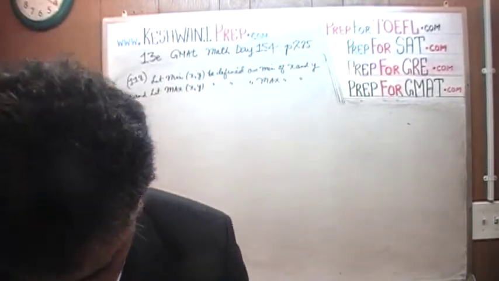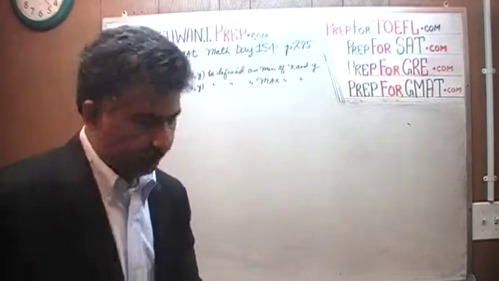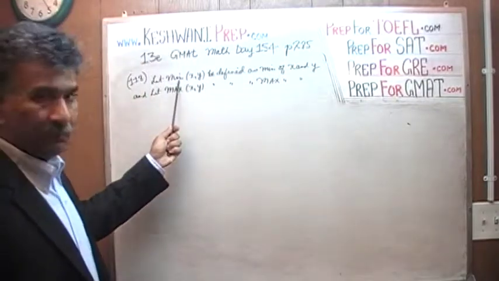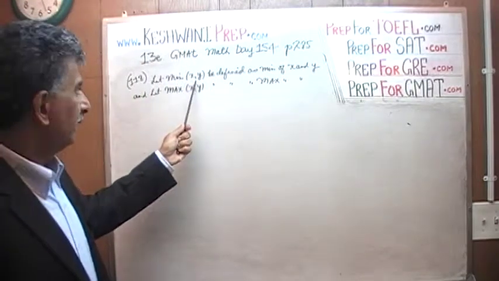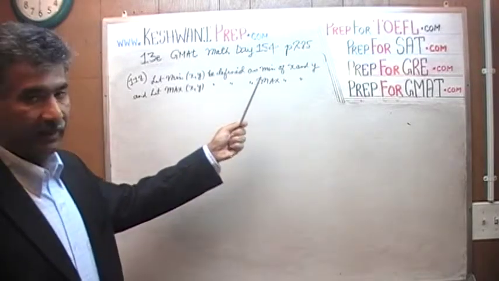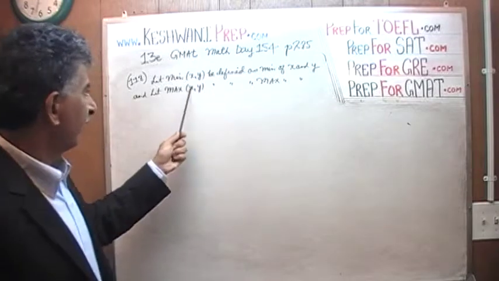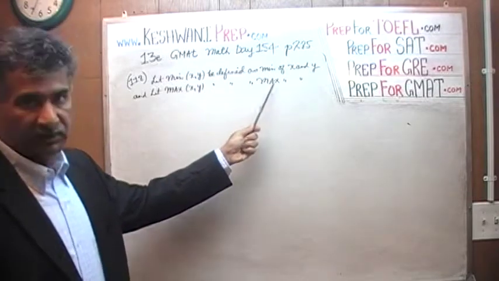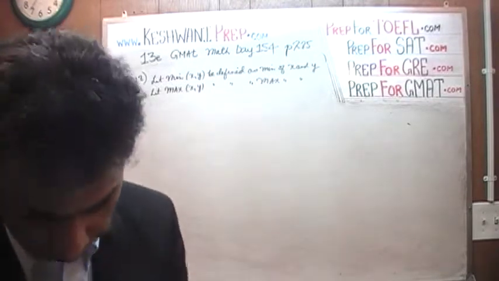In problem 118, we are told that we have this function here, which is defined as the minimum of these two numbers that appear here, x and y. The minimum of x and y is defined as the lower of the two, and the maximum of x and y is defined as the higher of the two.